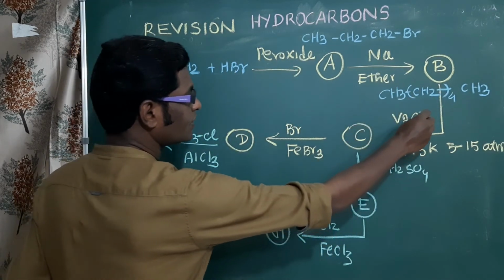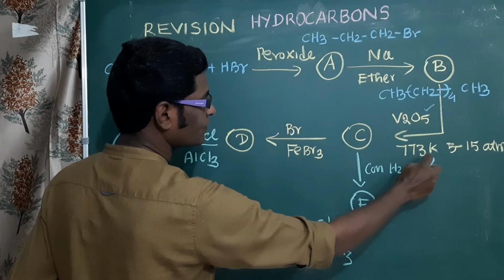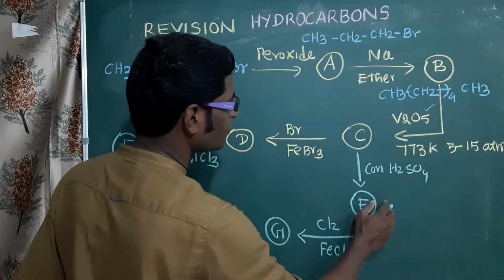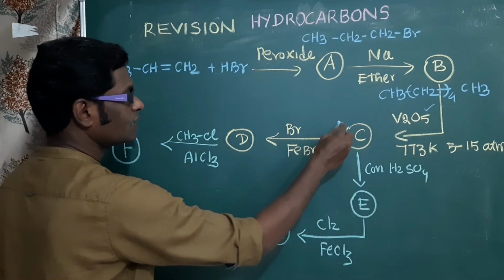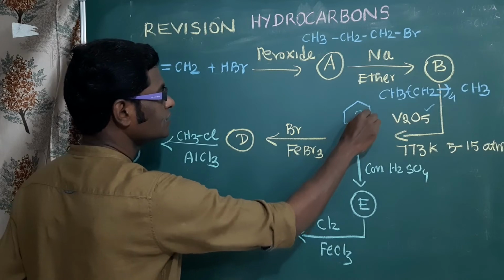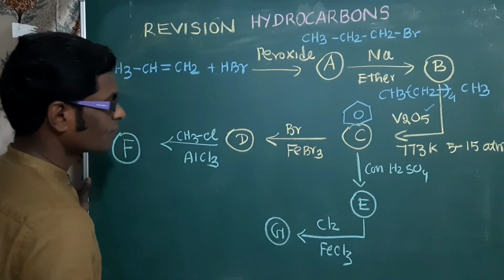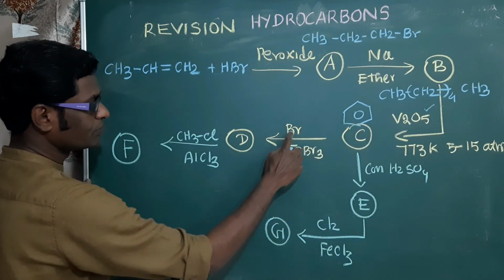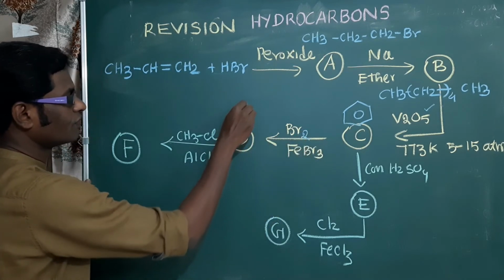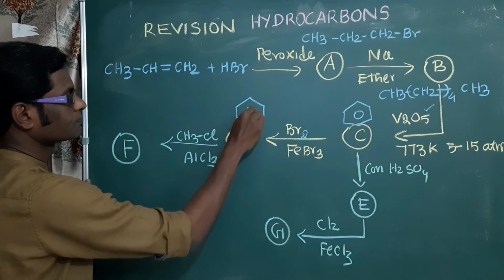When hexane treated with vanadium pentoxide at 773 Kelvin, 5 to 15 atm pressure, it undergoes cyclization, we will get benzene. So C is benzene. When benzene treated with Br in presence of FeBr3, we will get bromobenzene.